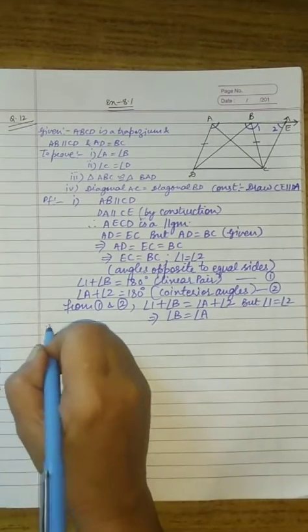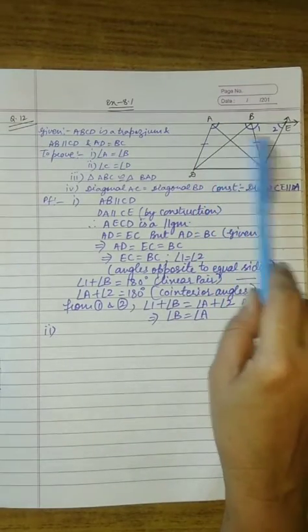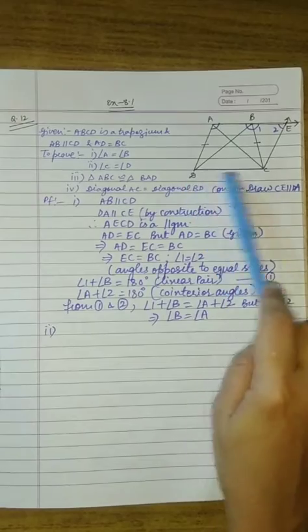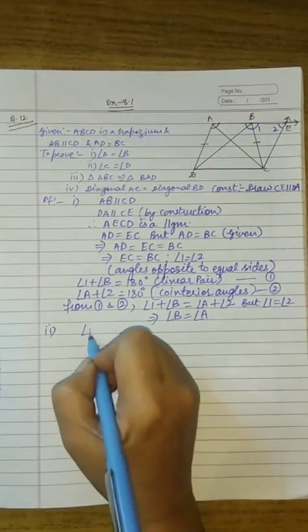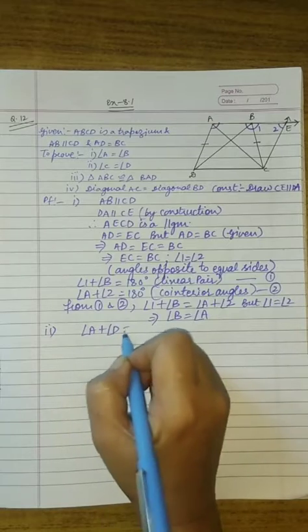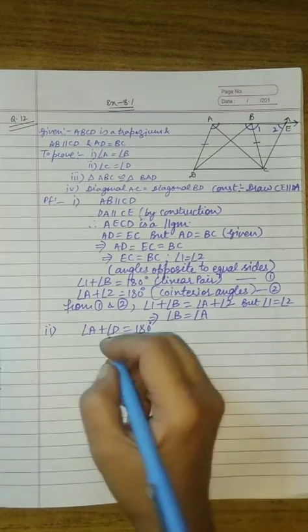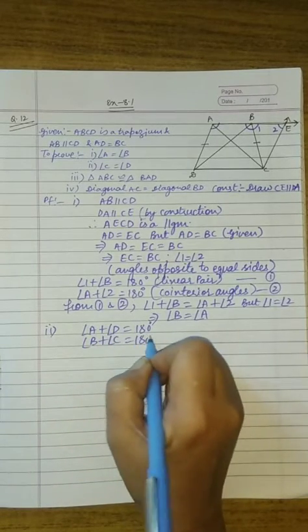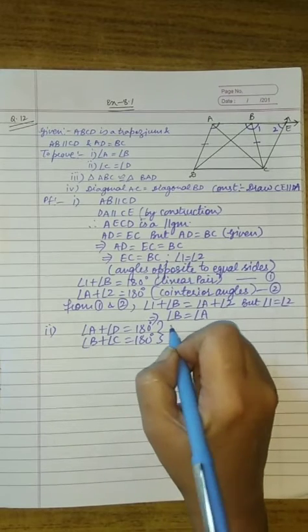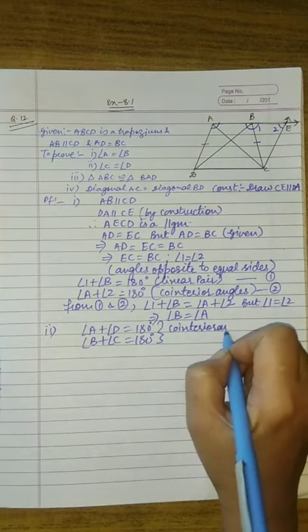In second part, now in trapezium ABCD, AB is parallel to CD, so angle A plus angle D is equal to 180 degree, co-interior angles. Similarly, angle B plus angle C is also 180 degree. These are co-interior angles.